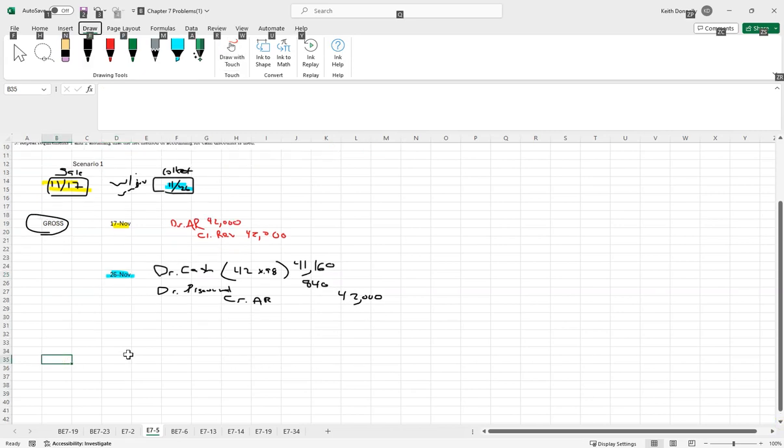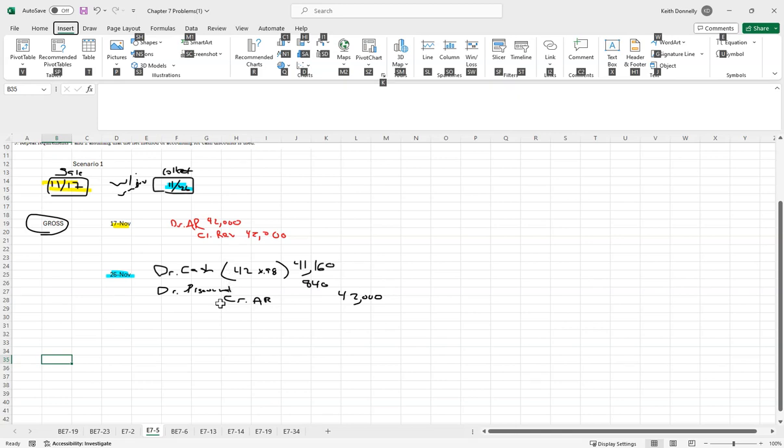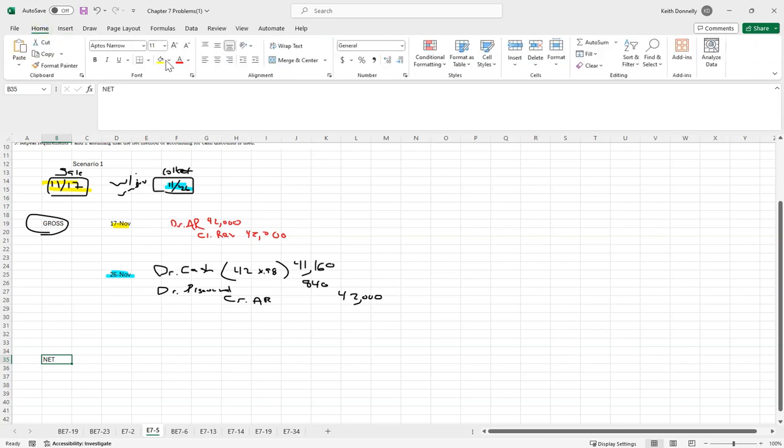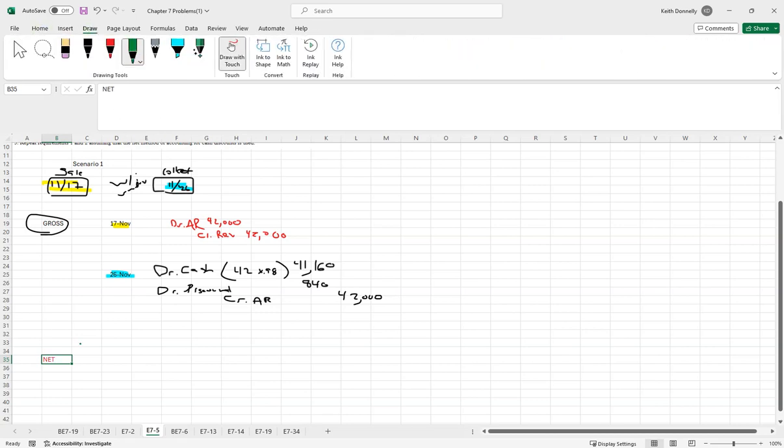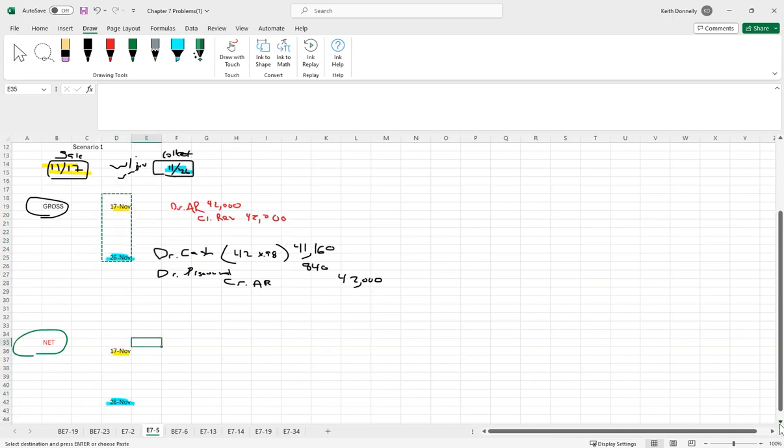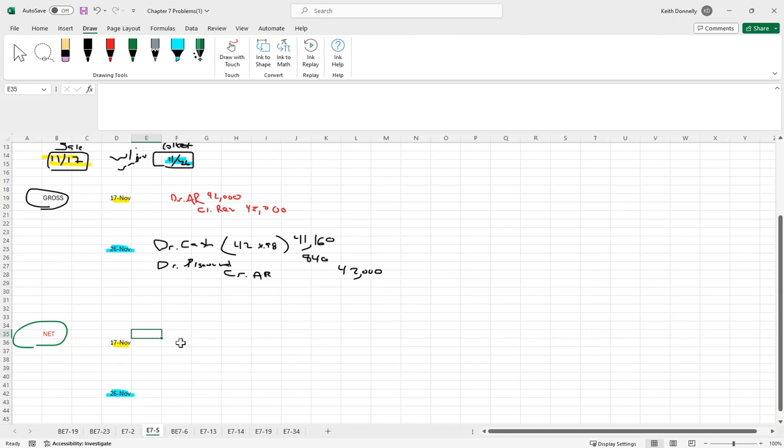Let's look at the net method. The net method tends to be more commonly used. So we're going to have our two dates here. What's the journal entry on the day of sale?